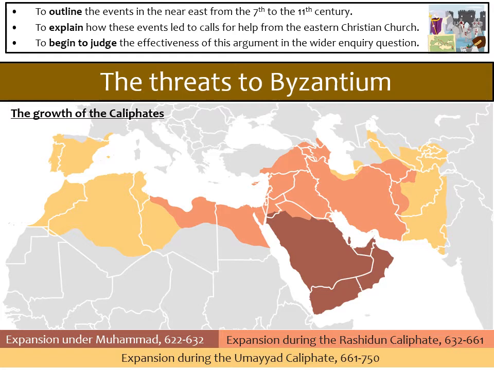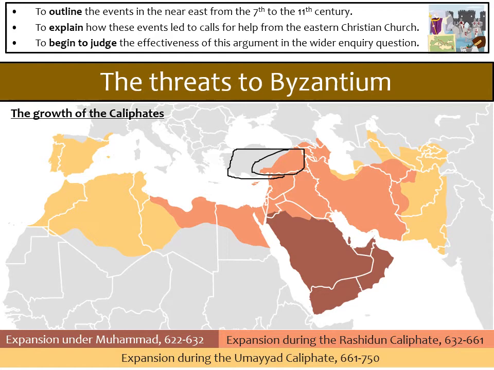So under Muhammad, the Prophet Muhammad, Arabia is essentially unified under one caliphate. That's expanded under the Rashidun Caliphate to North Africa, to present-day Iraq, present-day Iran, Syria, this region here, which is known as Anatolia. Actually, this area here, which is modern-day Turkey or Anatolia, they start to conquer areas of that.